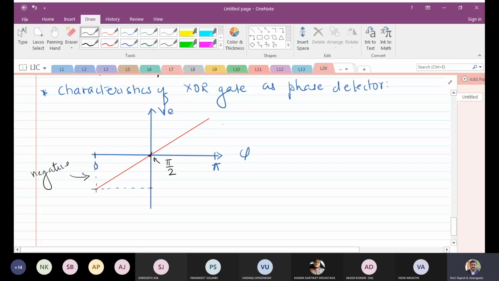For phase difference more than 90 degrees, the error voltage is positive. So this is the characteristics of the XOR gate.